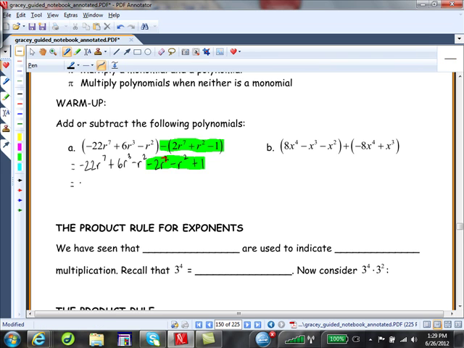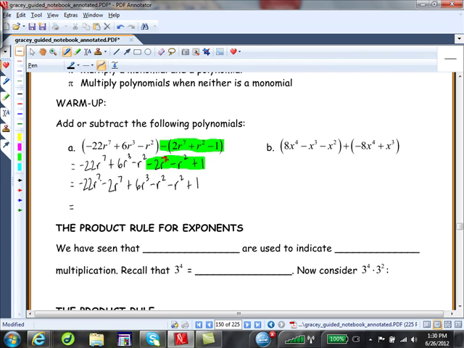So here we'll have negative 22r to the 7th. We have a minus 2r to the 7th. And then the next term is that 6r cubed. Then we have a negative r squared minus r squared. And then we have our plus 1. So I just commuted the terms so that the like terms were next to each other.